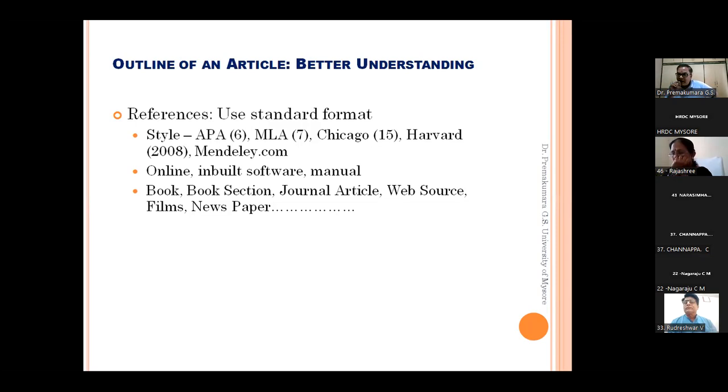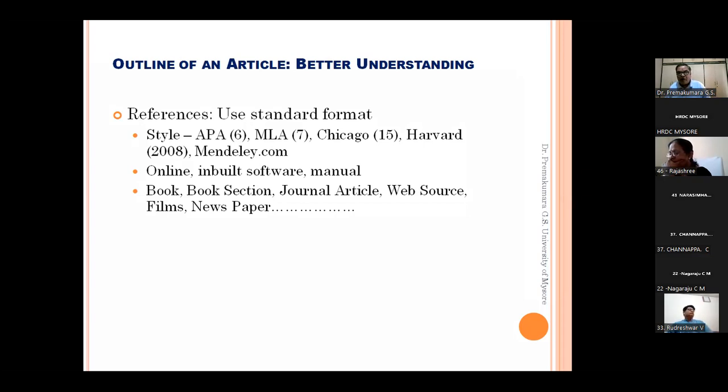If you are writing an article for language or literature journals, they expect MLA, Modern Language Association style. The first one is American Psychological Association style. Chicago style is for scientific papers. So you have to follow a specific style for giving the references.